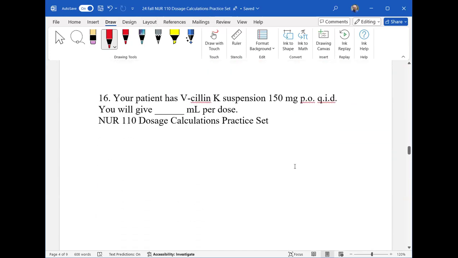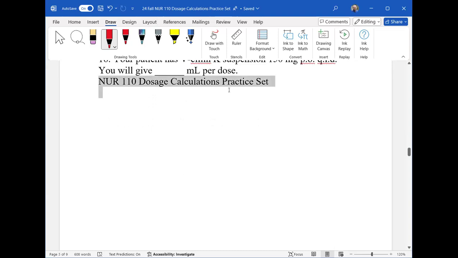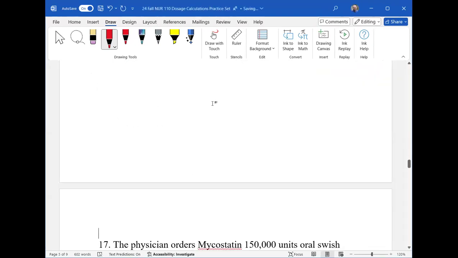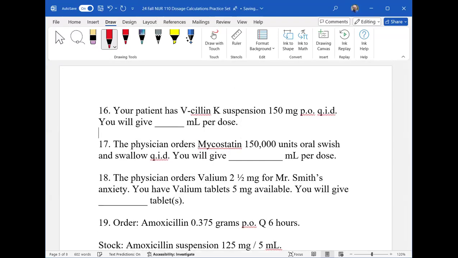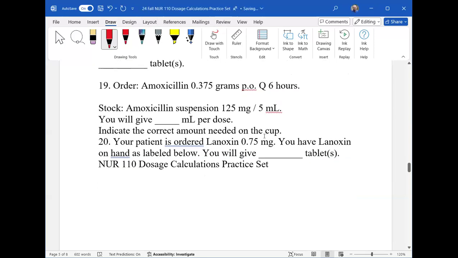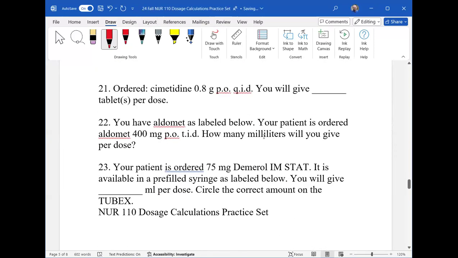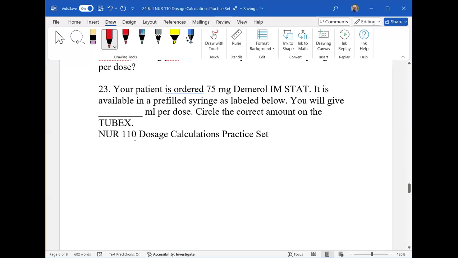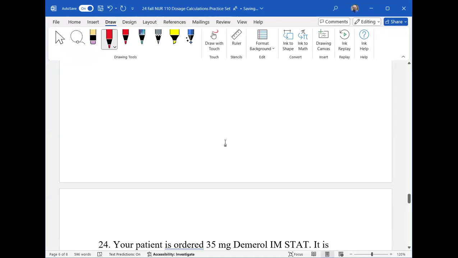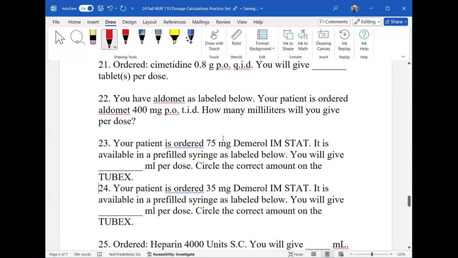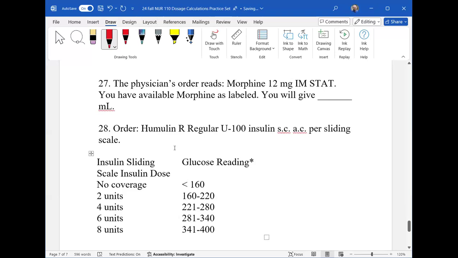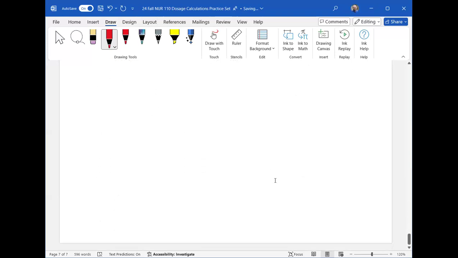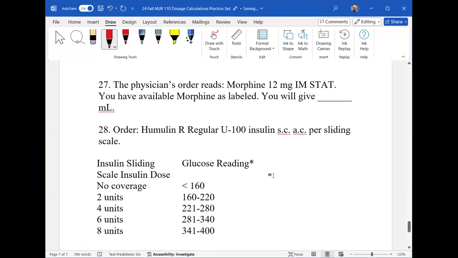All right, I'm going to jump a couple of these and get into some other types of questions. I want to get to the sliding scale question because this is a good one. Okay. Should be another picture here.